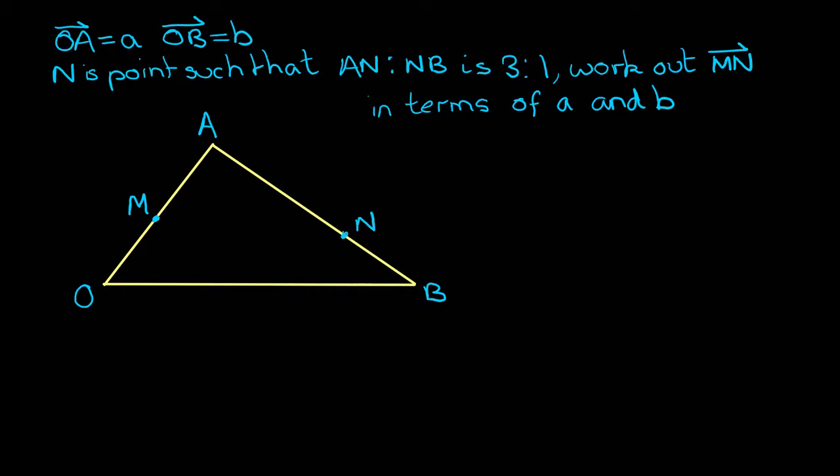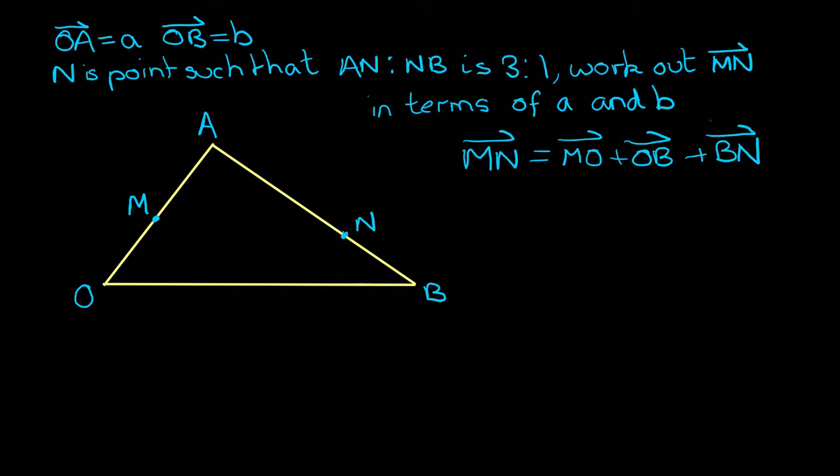So let's just first of all think about how we would get from M to N. So I'm going to suggest that we go from M to O. Then we're going to go from O to B. Then finally from B to N.